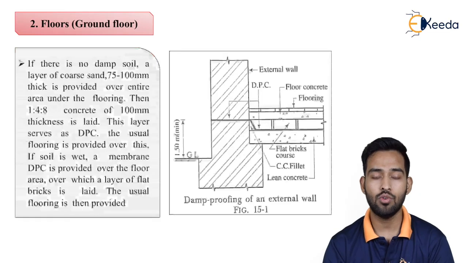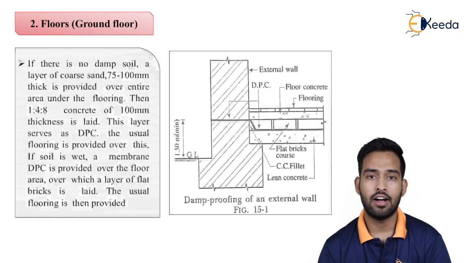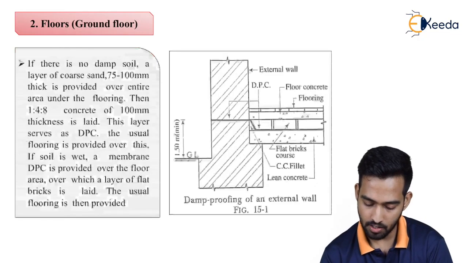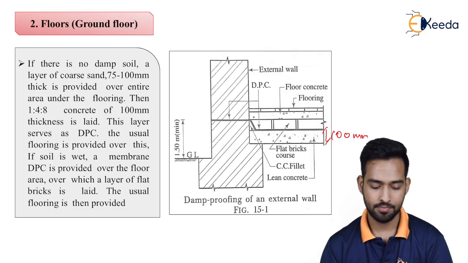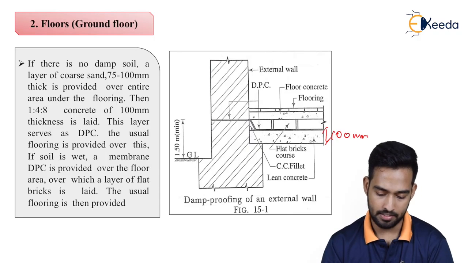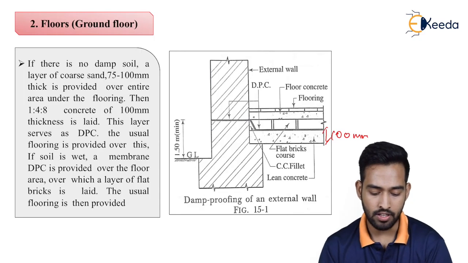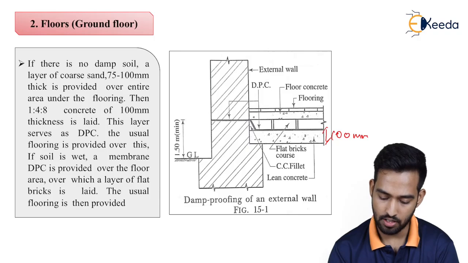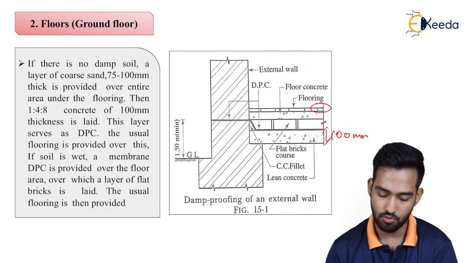Then 1:4:8 concrete of 100 mm thickness is laid. This layer serves as a DPC. The usual flooring is provided over this. As you can see, we are providing the usual flooring over it.